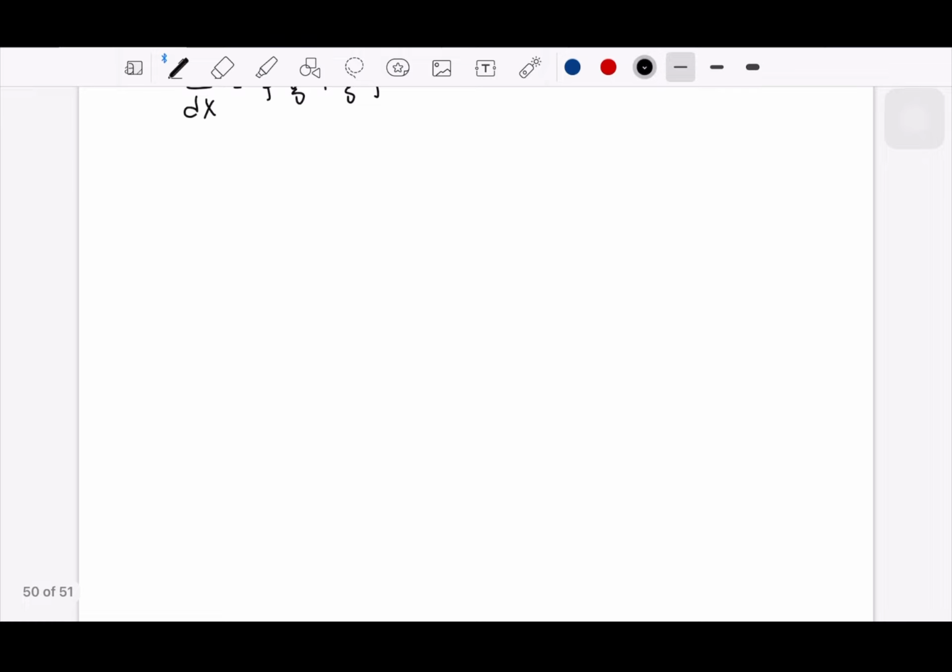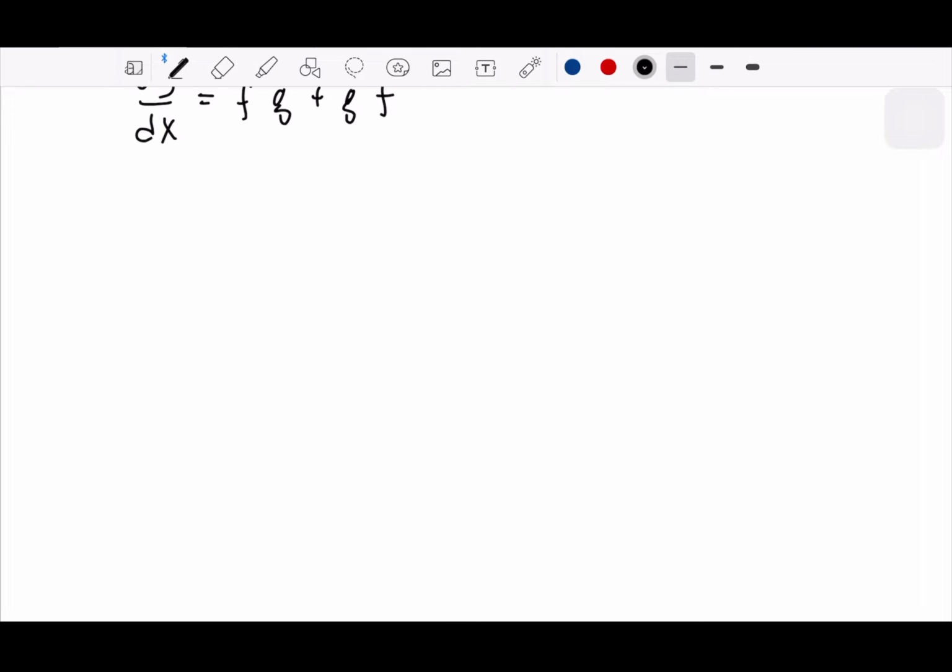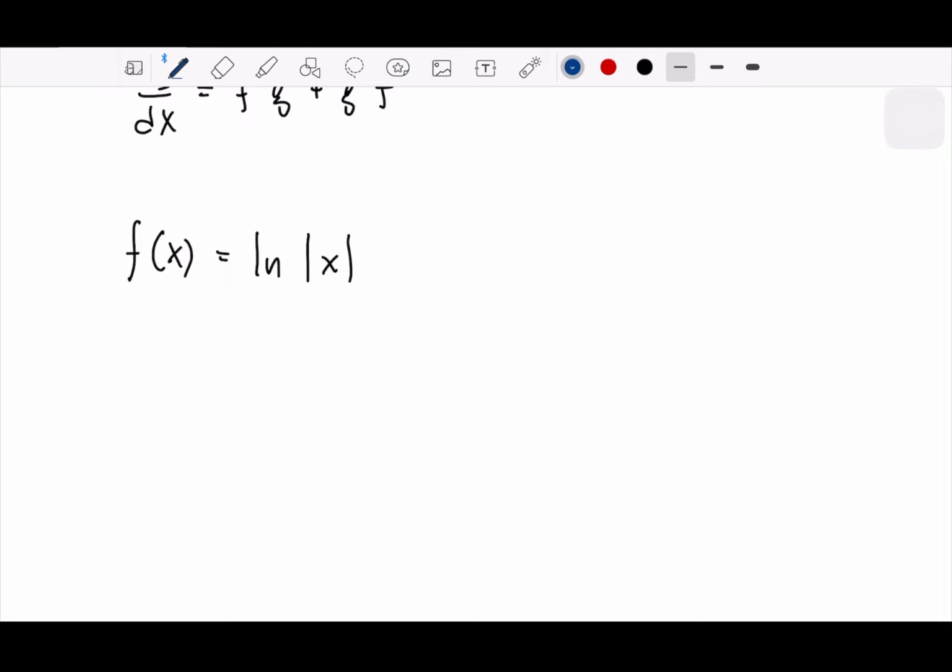So about the ln, if I have f of x is ln of the absolute value of x. Okay, now this is important. If I write the function with absolute value like this, we have two possibilities, right?